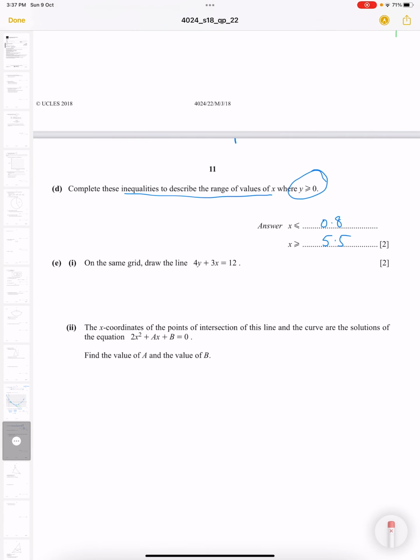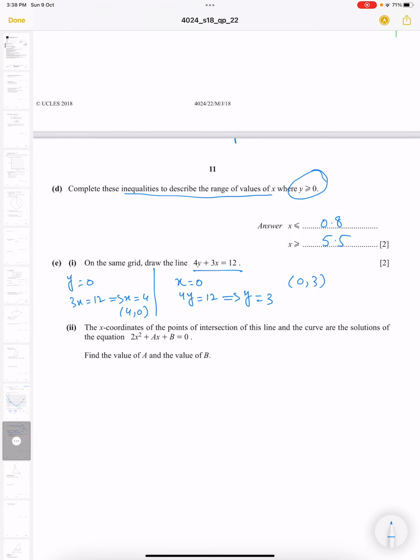On the same grid, draw the line 4y plus 3x is equal to 12. In order to draw a line, we need to find out intercepts. We can see that if x is equal to 0, then we have 4y is equal to 12, means y is equal to 3. So the point will be 0, 3. If I put here y as 0, then we get 3x is equal to 12, means x is equal to 4. So the point will be 4, 0.